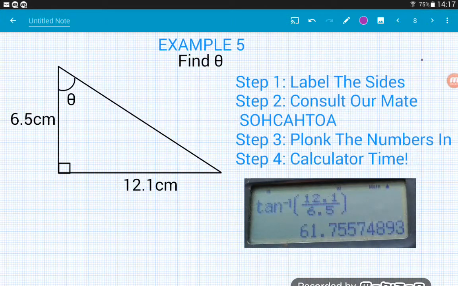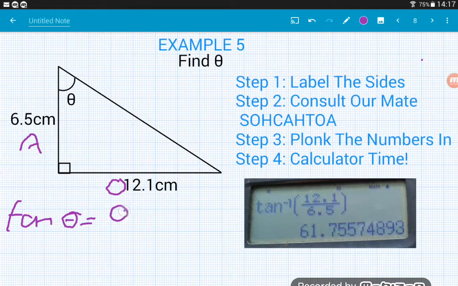Okay, example 5. So, label our sides. So the 6.5 here would be the adjacent, and the 12.1 is going to be the opposite. So, no SOH, no CAH, TOA, yes indeedy. So TOA tells us tan of theta is equal to the opposite divided by the adjacent.